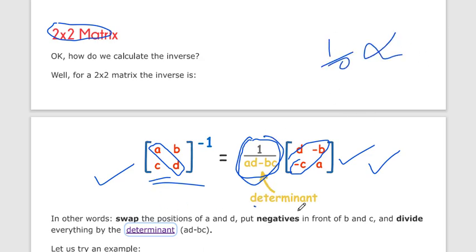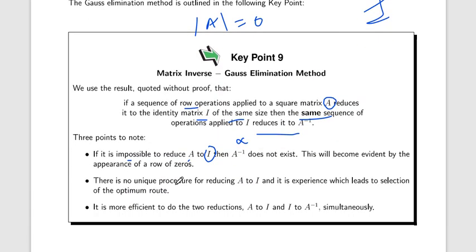So if any matrix has determinant equal to 0, then the inverse is not possible for these types of matrices. Okay, so here also, if it is impossible to reduce A into the identity matrix, then A inverse does not exist.